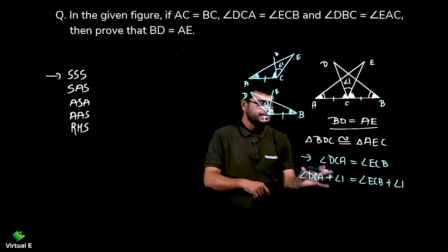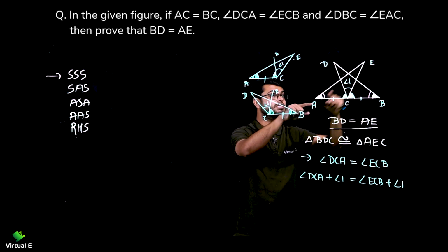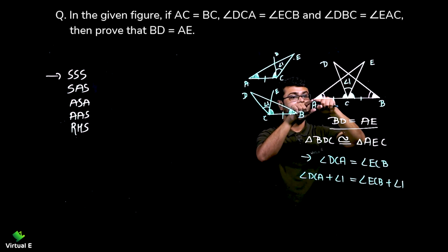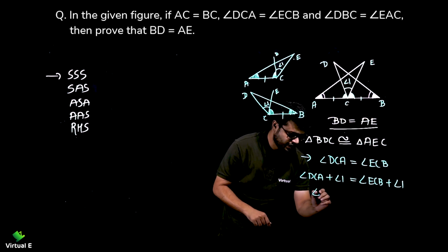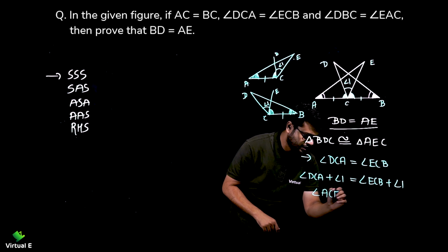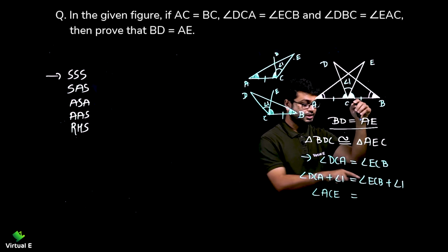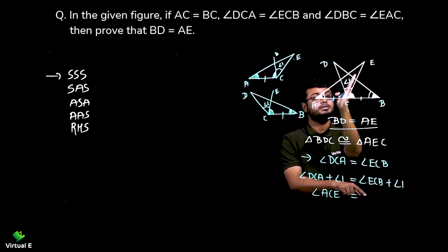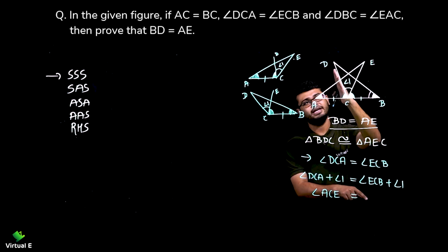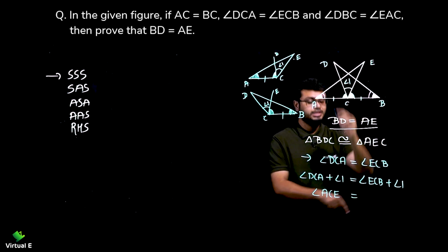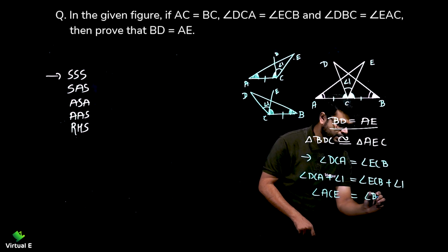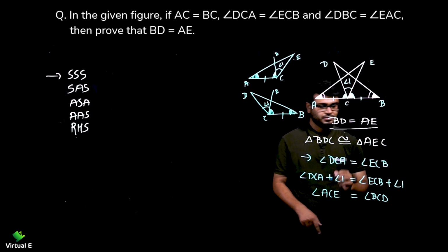Now let's write DCA plus angle 1; you will be getting ACE. So angle ACE is equal to ECB plus angle 1, so it will be angle BCD, right?